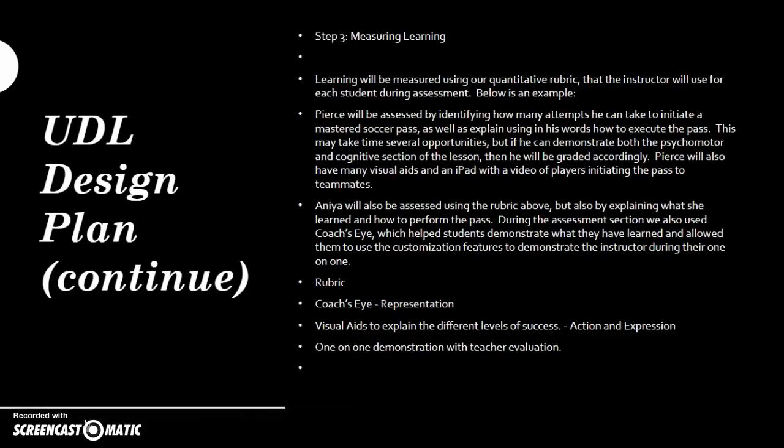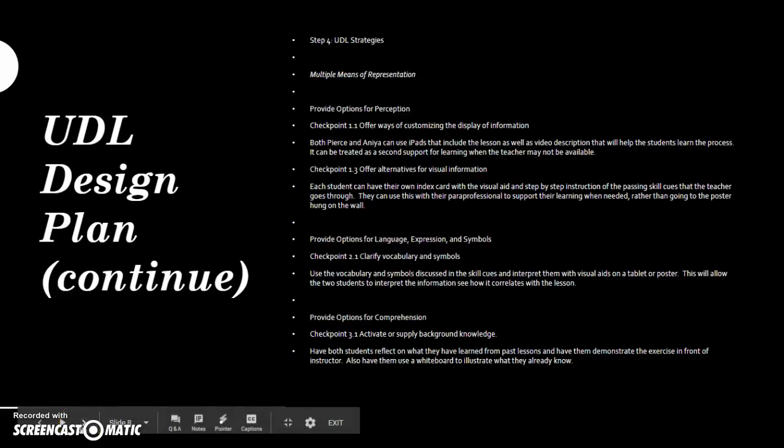For measurable learning, I use the rubric, which is attached to my report, as well as Coach's Eye, some visual aids, and one-on-one demonstration with the teacher evaluation so that they can get that one-on-one experience. Some UDL strategies I would influence, definitely the multiple means of representation.